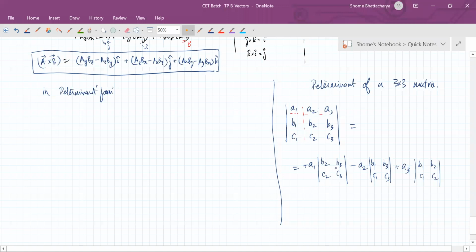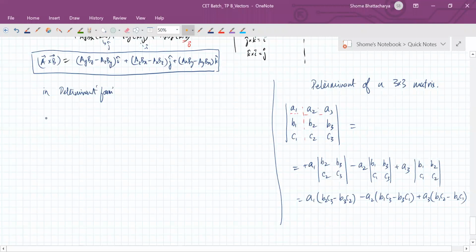Then just solve these as normal 2 by 2 matrices. So this is A1 into (B2 C3 minus B3 C2), minus A2 into (B1 C3 minus B3 C1), plus A3 into (B1 C2 minus B2 C1). So this is the process of solving a 3 by 3 matrix.